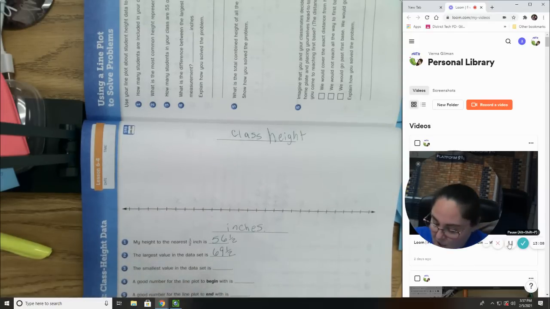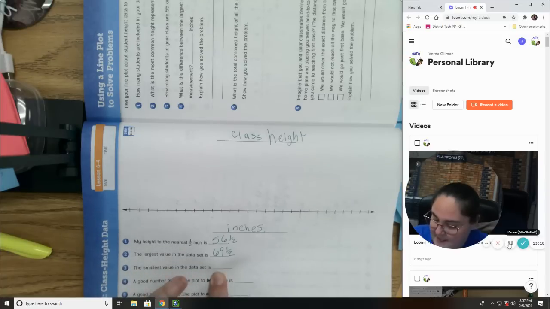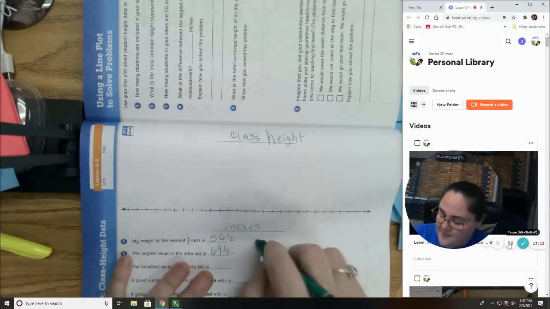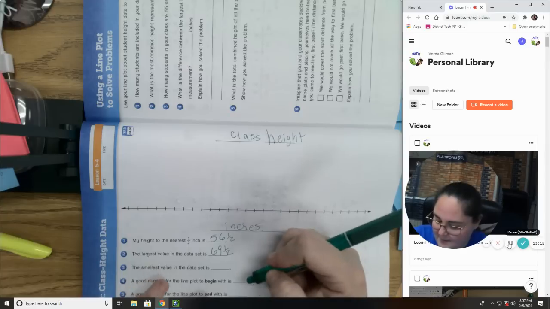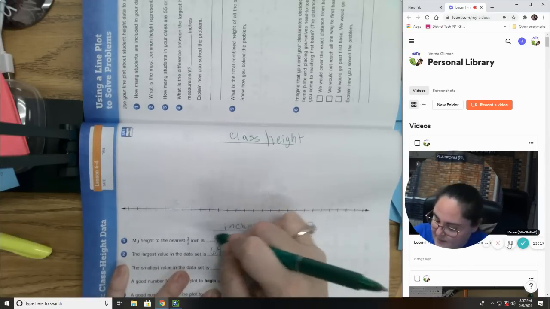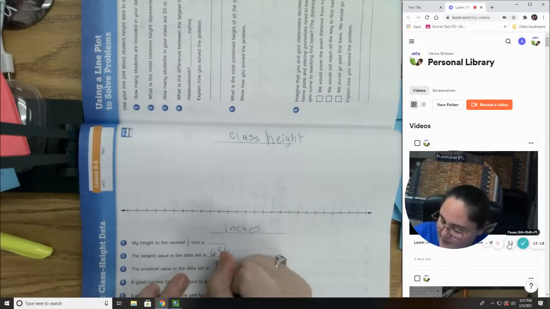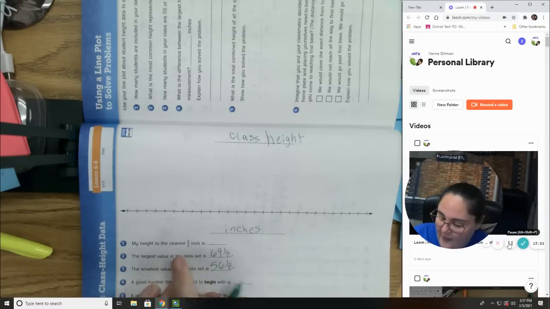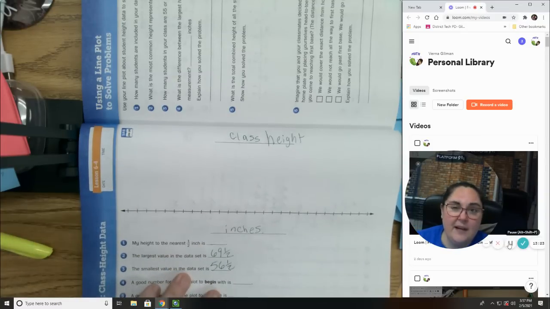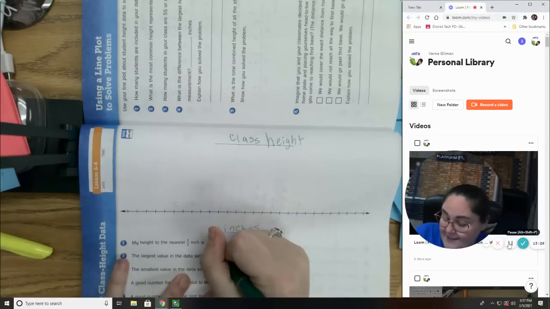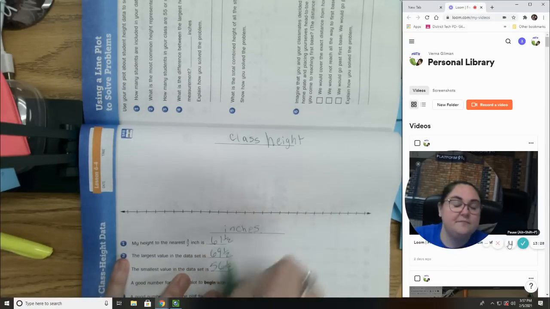All right. So the smallest value in the data set, I'm sorry, I read this wrong. That goes in the wrong spot. The smallest value in the data set was 56.5. Now I told you I'm 5'1.5", so I'm going to put 61.5.